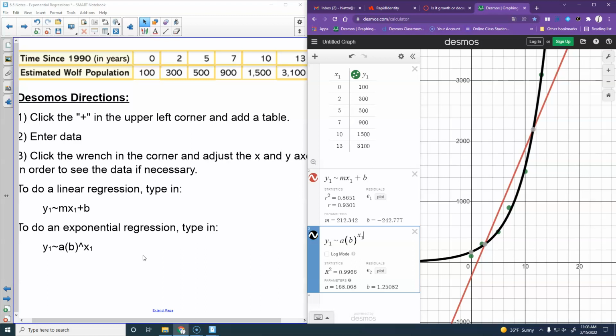So if you will hit the house button, and then hit the wrench, and then go over here and change just that number right there to 3,100. And then that highest number over your page. Okay. And then you might need to zoom out a little bit more, but that looks better so you can see it better.